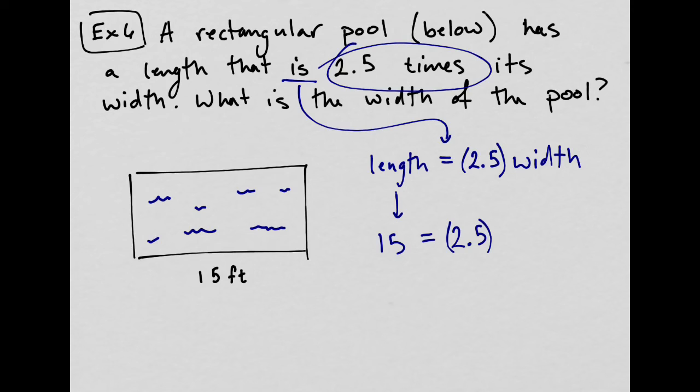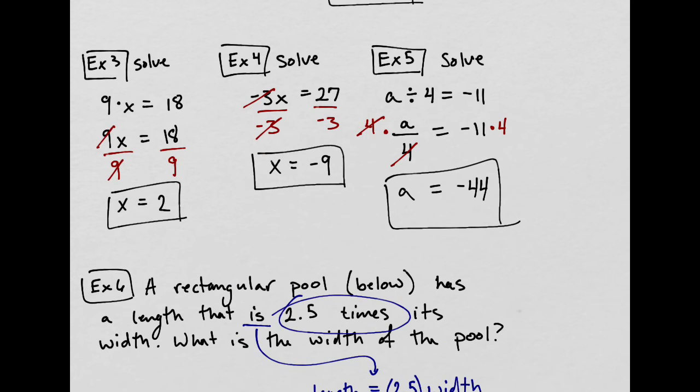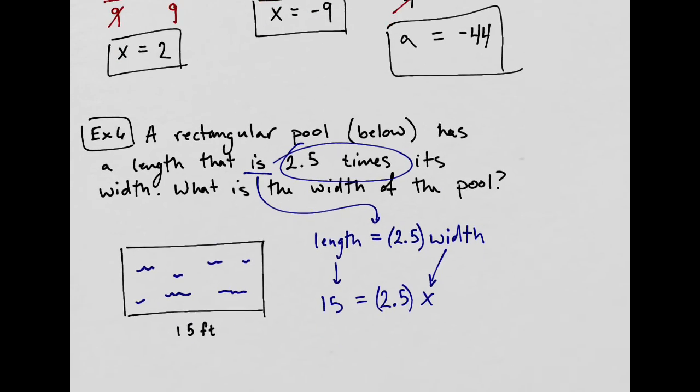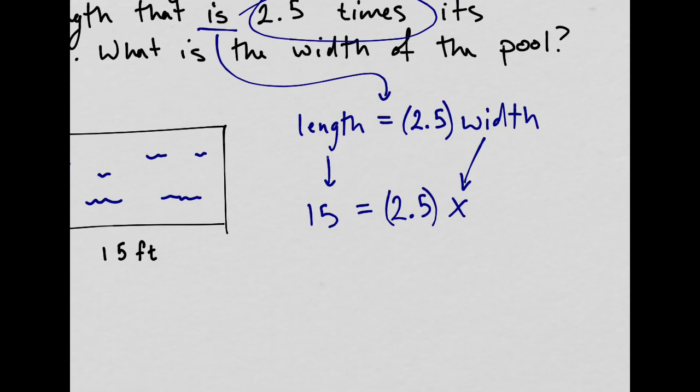And then I have an equation that looks similar to what I had before. So now I try to get the variable all by itself. I have 2.5 times x. So to undo that operation, I divide. So I'm going to divide by 2.5.